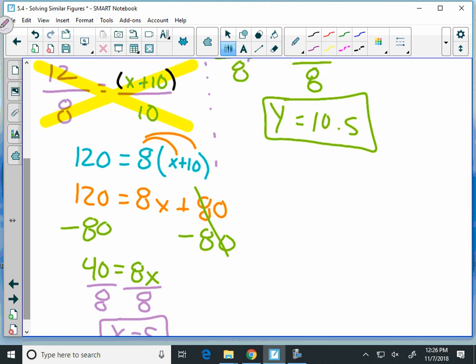Questions over that? I think stacked triangles are the trickiest because you have to remember to get the length of the big side, you're going to add these pieces together. Questions over that?